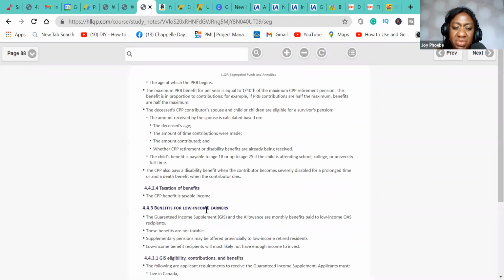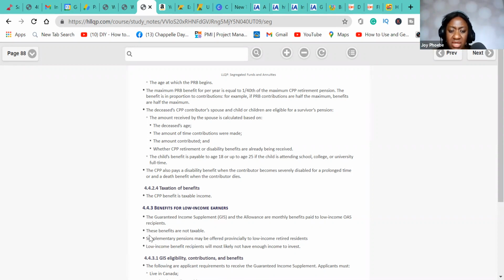Taxation of benefit. The CPP benefit is a taxable income. Benefit for low income earners. The Guaranteed Income Supplement, which is GIS, and the allowance are monthly benefits paid to low income earners who are also receiving old age support benefits, or thereabout.